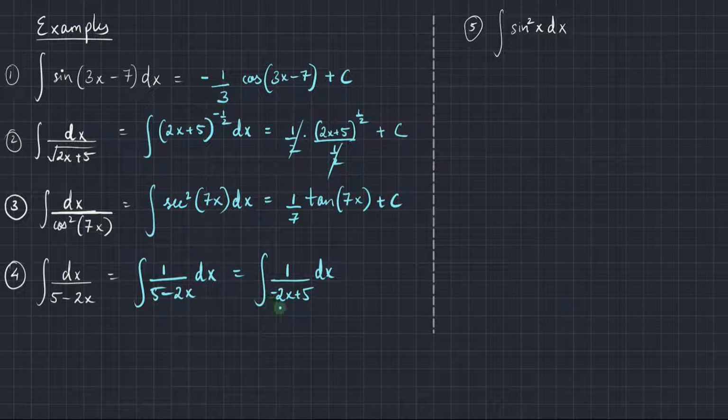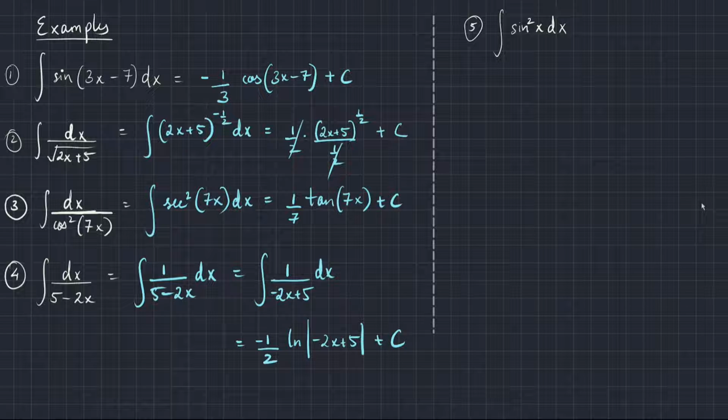Since we have a coefficient of negative 2 here, we'll have to divide by negative 2. So we have 1 over negative 2, which is negative 1 over 2, times ln of negative 2x plus 5. Let's not forget plus c.